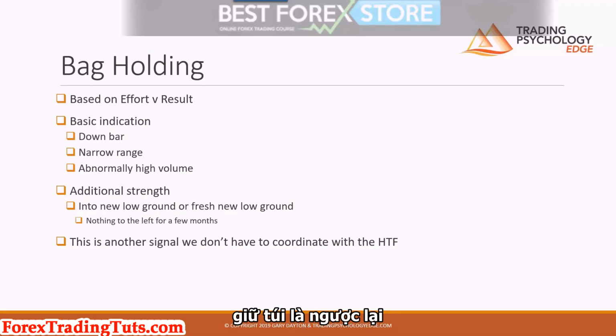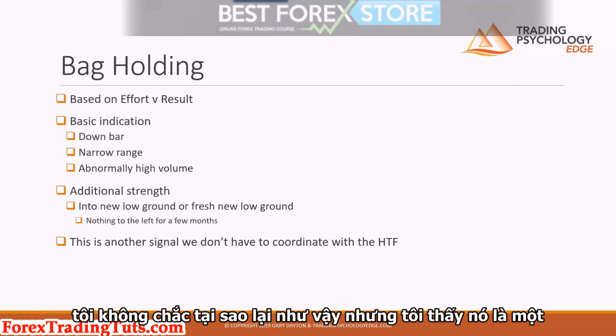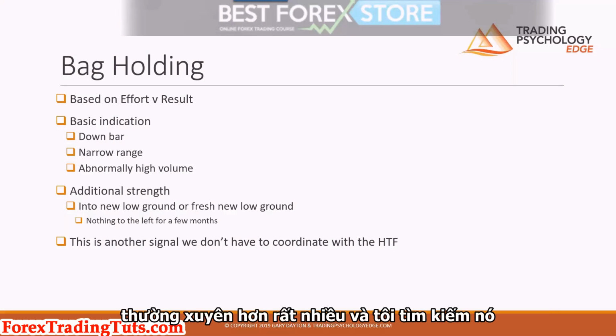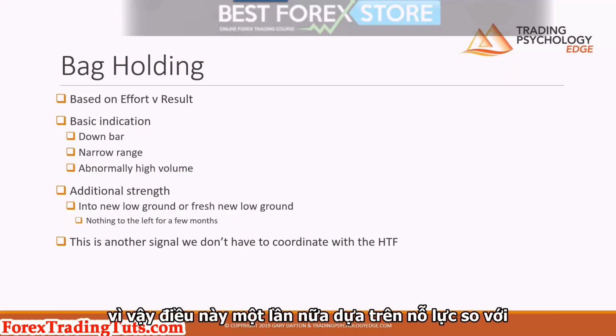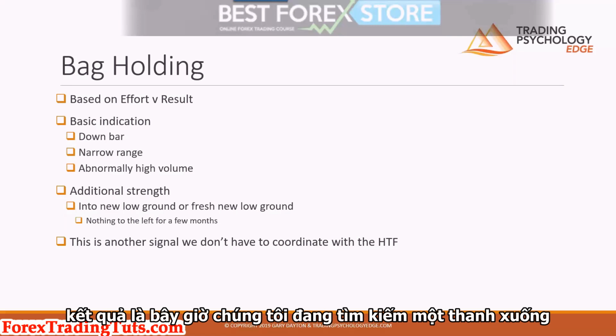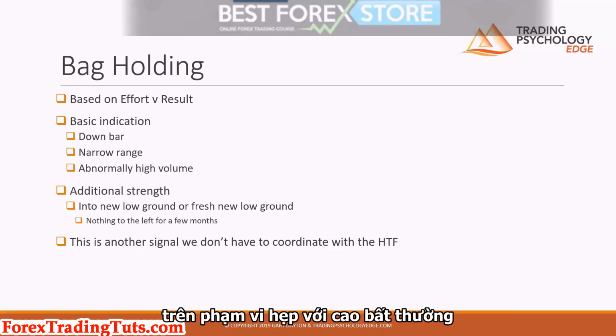Bag holding is the reverse. This we'll see more frequently than capping the market. I'm not sure why that is, but I see it a lot more frequently and I look for it. So this again is based on effort versus result. Now we're looking for a down bar on narrow range with abnormally high volume.